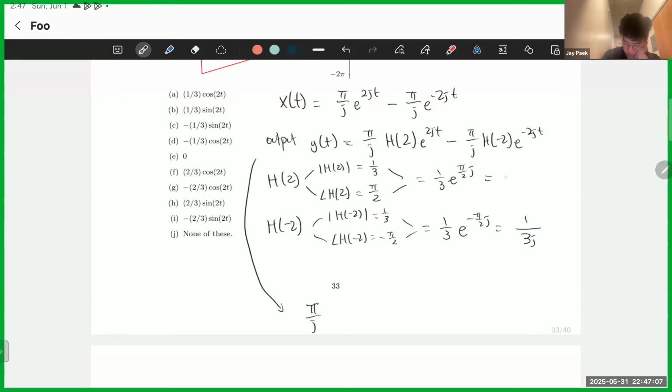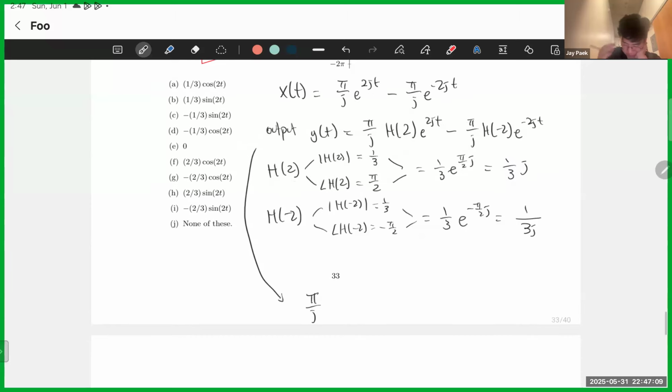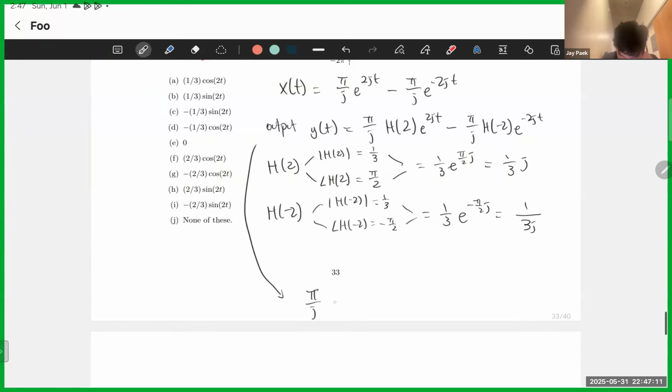This is 1/3 j e to the minus pi over 2, 1 over 3j. Actually, maybe I'll leave it as like negative 3j. There we go. So this is plus now. I'm just organizing as I like.